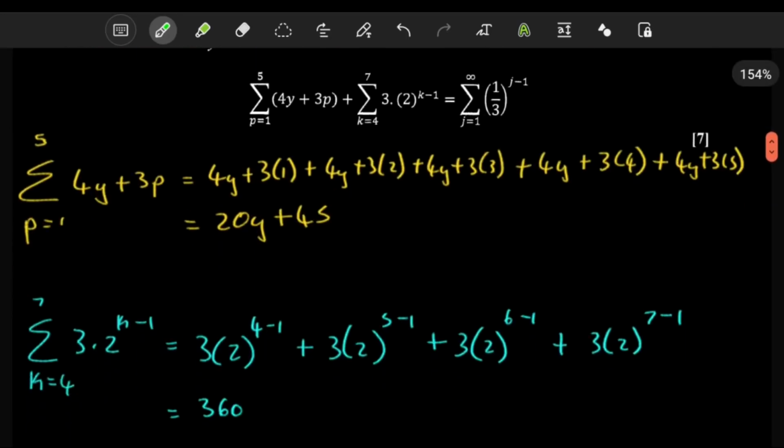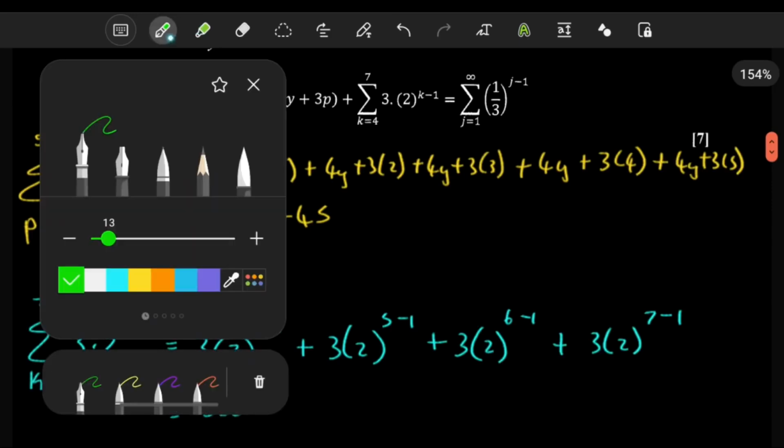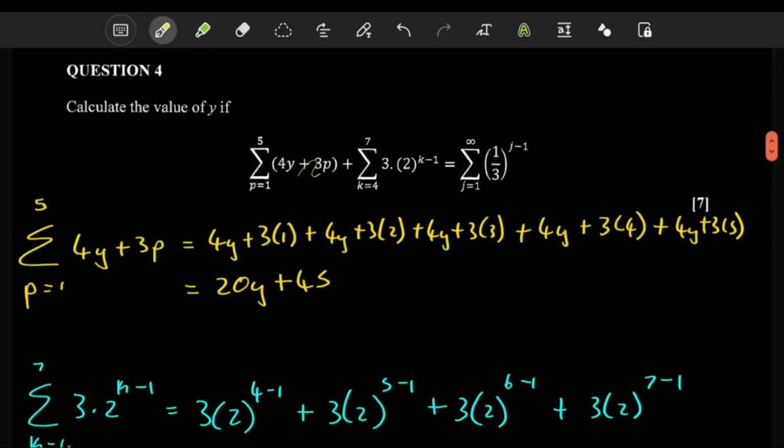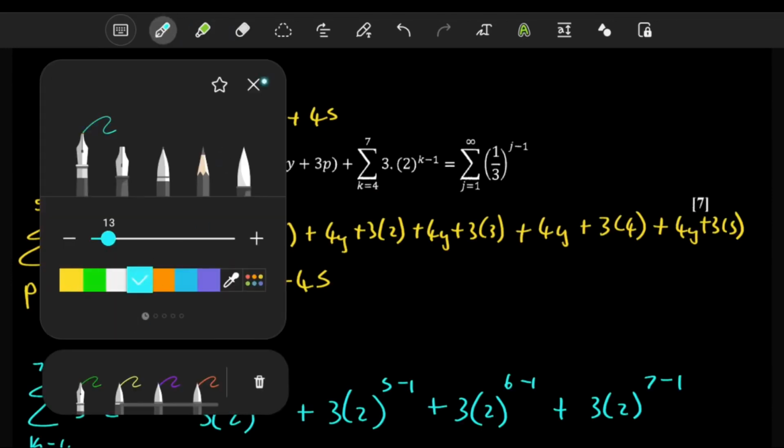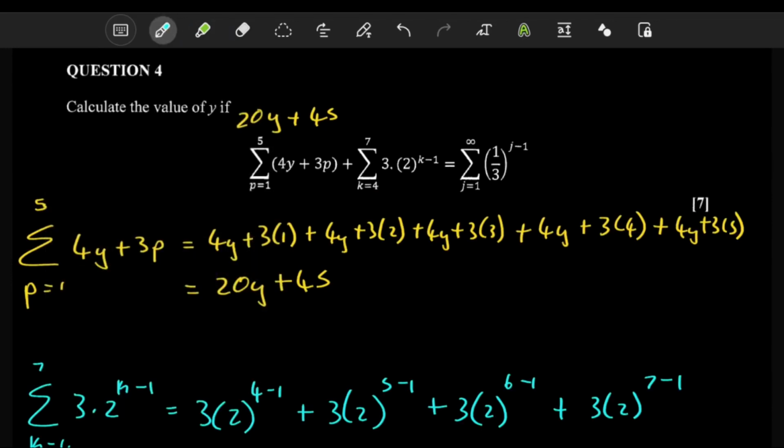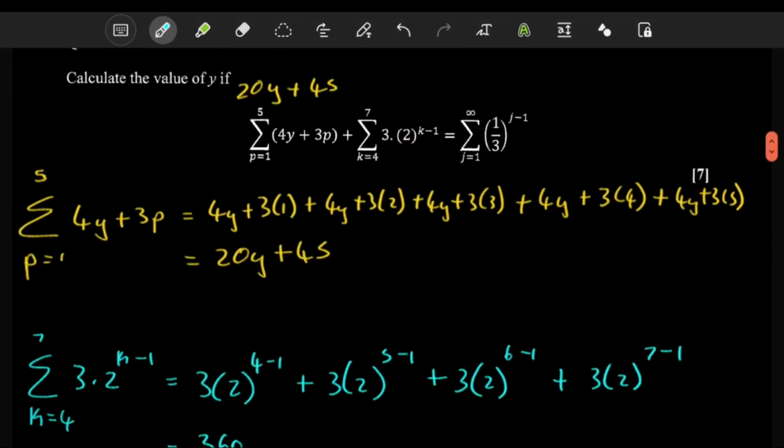Looking at it from what they gave us, we have seen that this first part here is just giving us 20y plus 45. This second part here, we have put that in blue, is just 360. So they're adding 360.